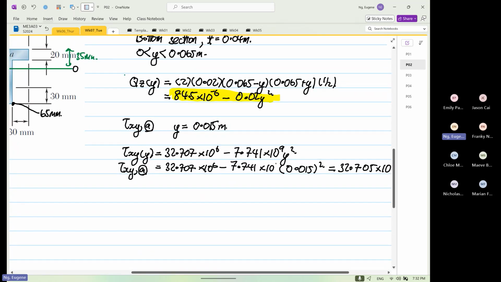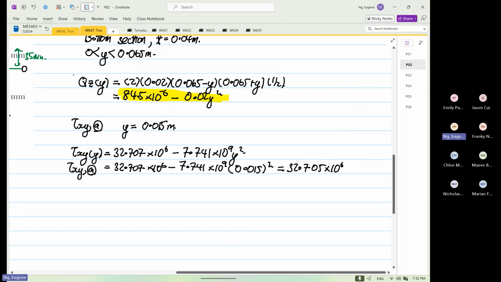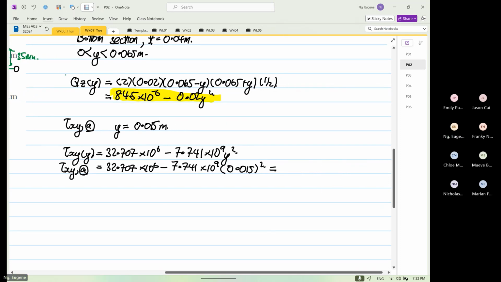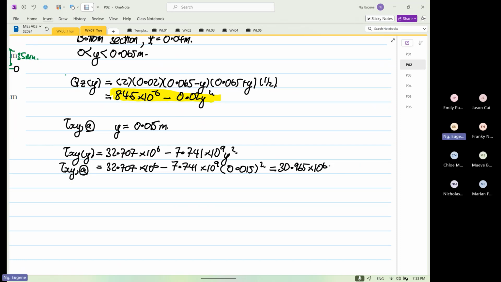I do apologize, that's why it looks a bit weird, so this value is wrong. It is 7.741 power 9 times 0.015 squared. Then you have 32.707 power 6 minus by, and the answer is equal to 30.965 times 10 to the power 6 Pascal.